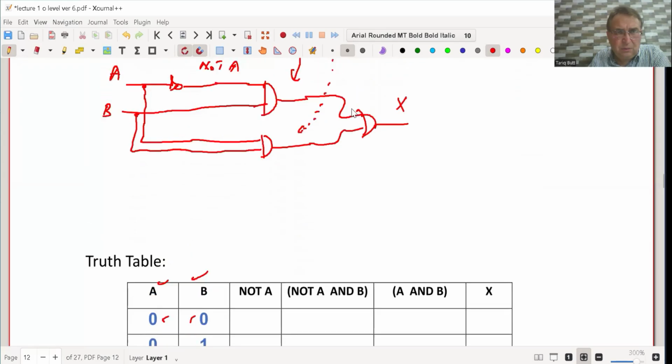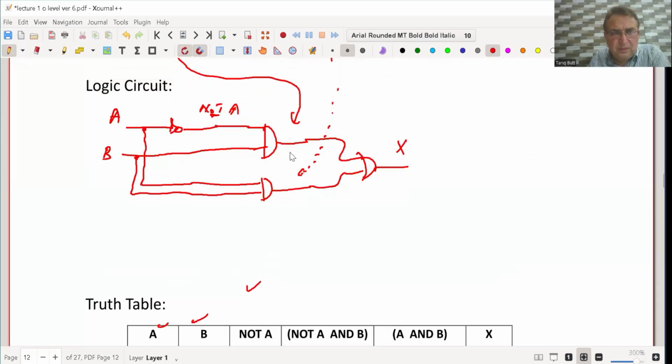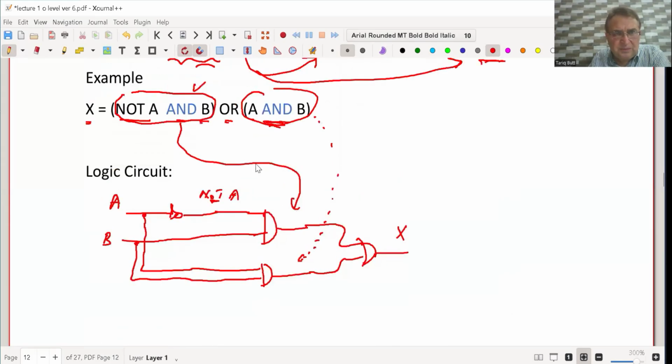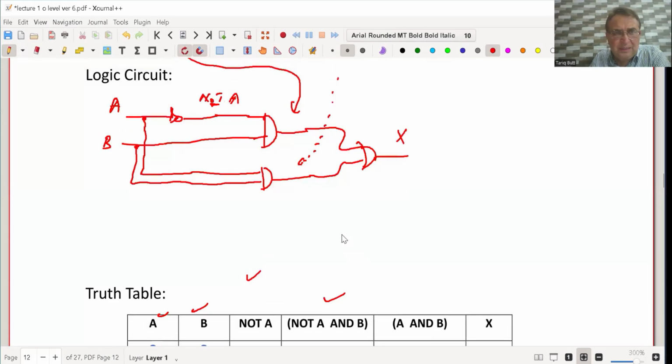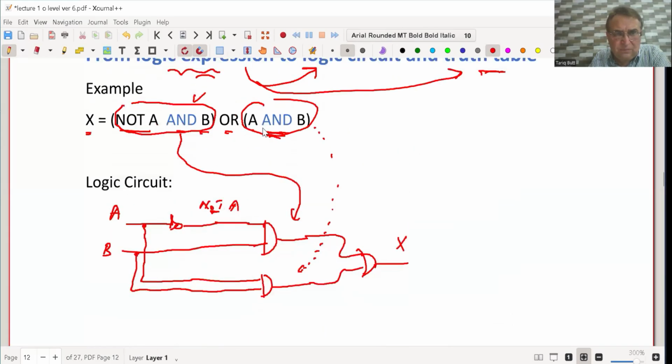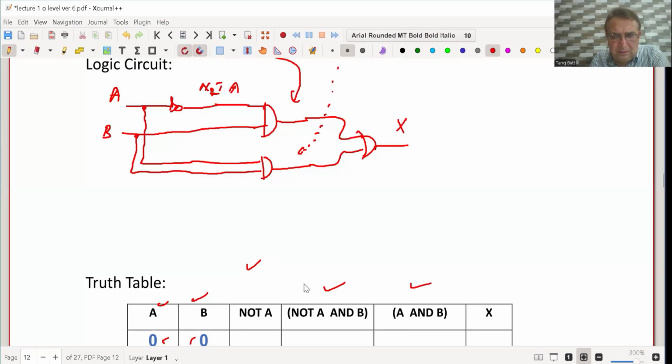Then you have to build the NOT of A column. Then the column for NOT of A AND B, and then another column for A AND B. You may call this P and this Q. Then X is P OR Q.